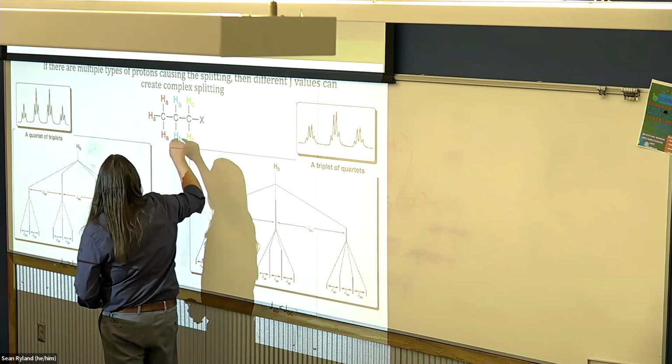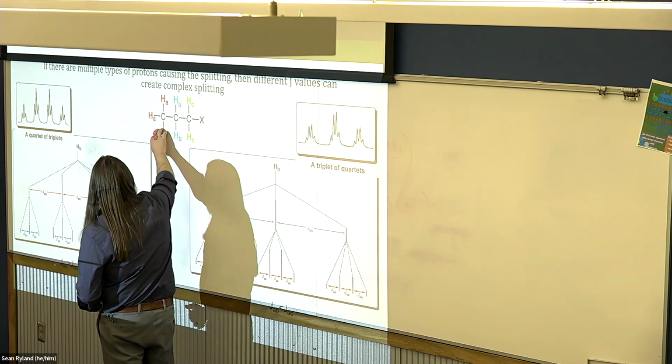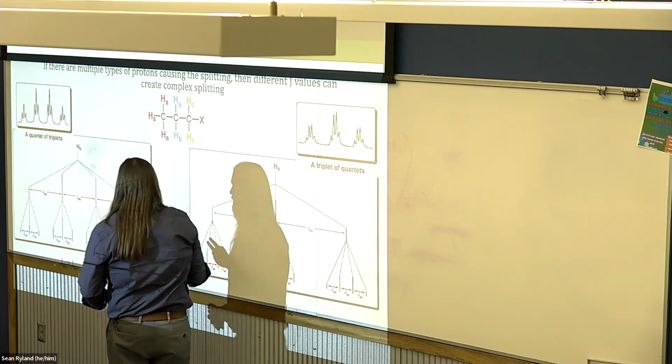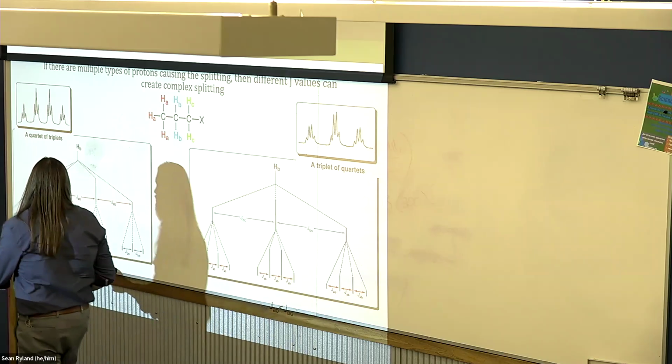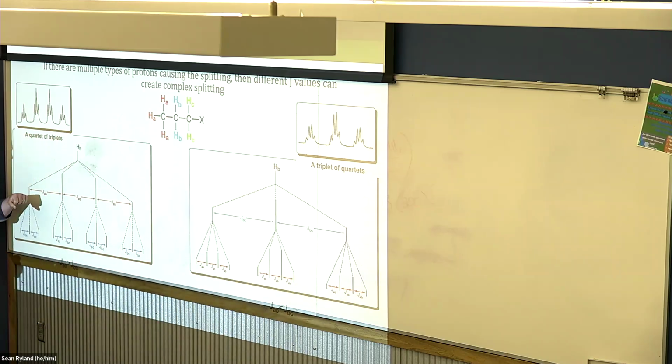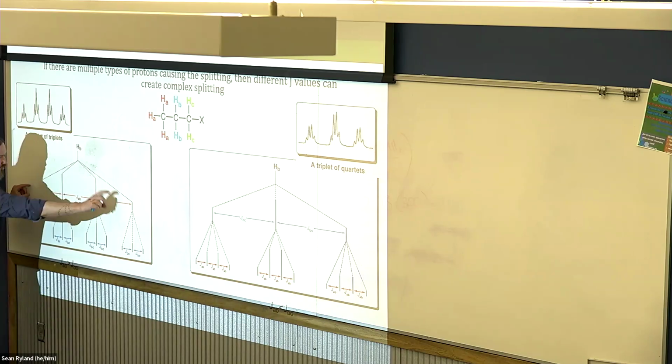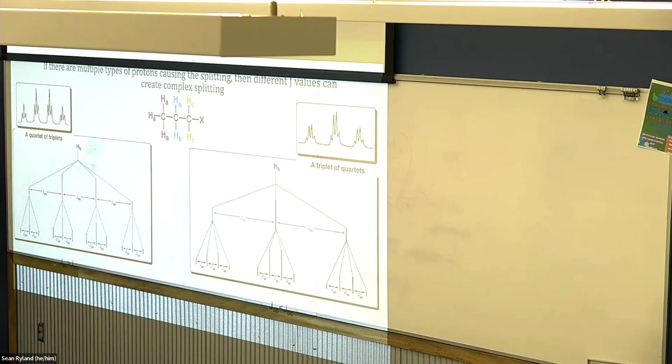Because those are two different energies, they have two different coupling constants, and so two things are possible. If your coupling constant between A and B is greater than B and C, then your quartet is more spread out, and each line of your quartet turns into a triplet.